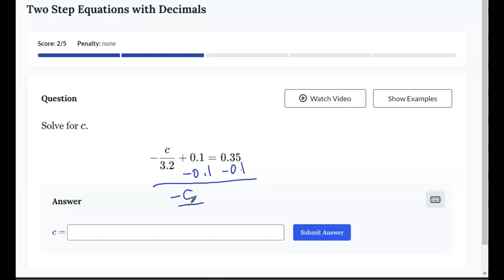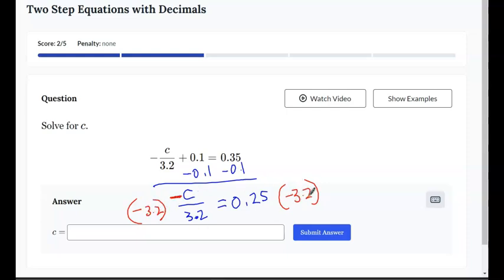Be sure to copy all of the numbers that are left, as well as any negative signs. Remember, the opposite of dividing is multiplying, so we're going to multiply both sides, but we're also going to multiply by a negative so we can clear this sign and get C all by itself.